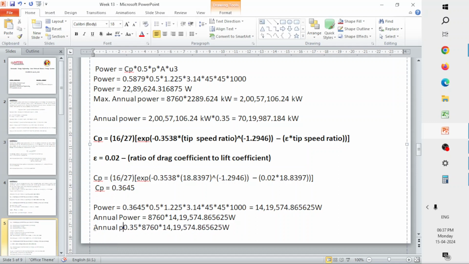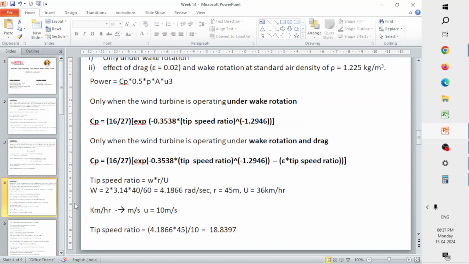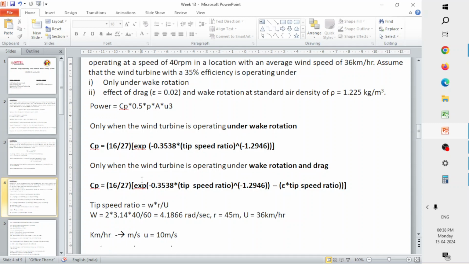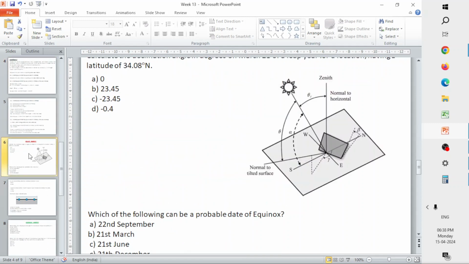Annual power obtained will be this much. So that's how you are supposed to calculate. These are the two correlations that you will use. For this question it's all about knowing how to use the correlations, and how to use the efficiency percentage in calculating your annual energy production.